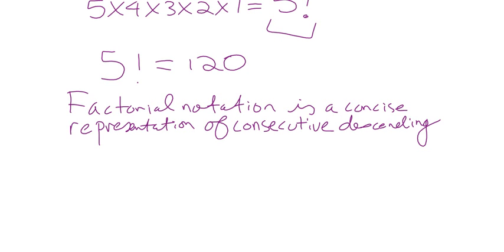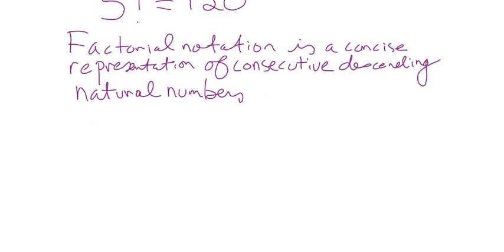So a representation of consecutive descending natural numbers, the counting numbers. It looks like this. 6 factorial is equal to 6 times 5 times 4 times 3 times 2 times 1.